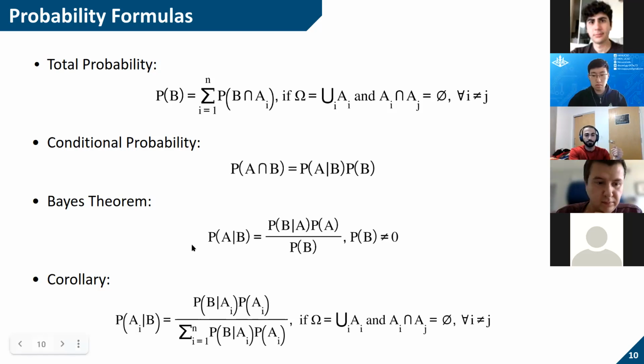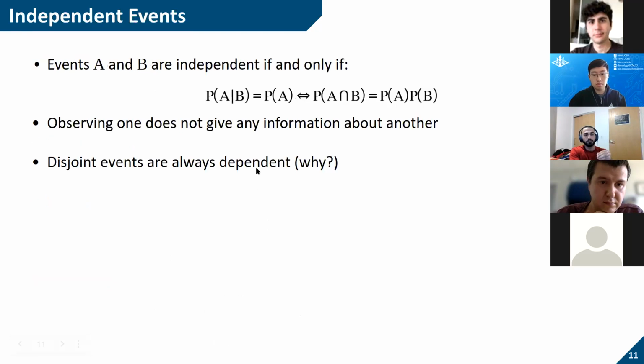As a result of total probability and Bayes' theorem, we can have a modified version of Bayes' theorem. Another important concept in probability is independent events. Events A and B are independent when the probability of A given B is equal to the probability of A, which means B doesn't bring any information about A. Another form of writing independent events is that the probability of A and B is equal to the product of the probability of A and the probability of B. This is more important from a computational point of view.